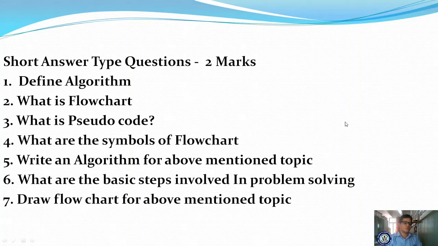Also draw the flowcharts for the same topics. Just go through it and keep the basic definitions in mind.